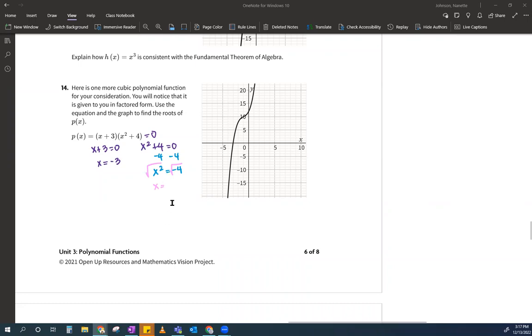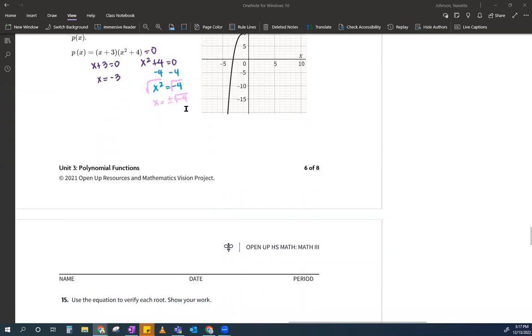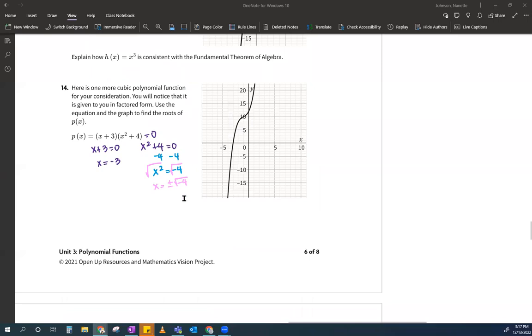Well, okay, so we need to review complex numbers a little bit. Remember that whenever you have a square root and it's negative, now we're dealing with i's, like the imaginary number i. So can you imagine taking out that negative? It would look like this: x is equal to plus or minus i root 4. I'm just going to take out that negative, and the square root of -1 means i.